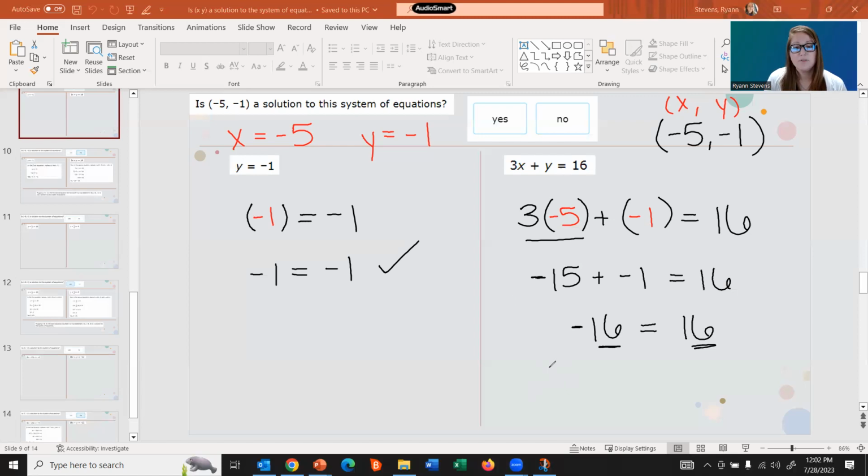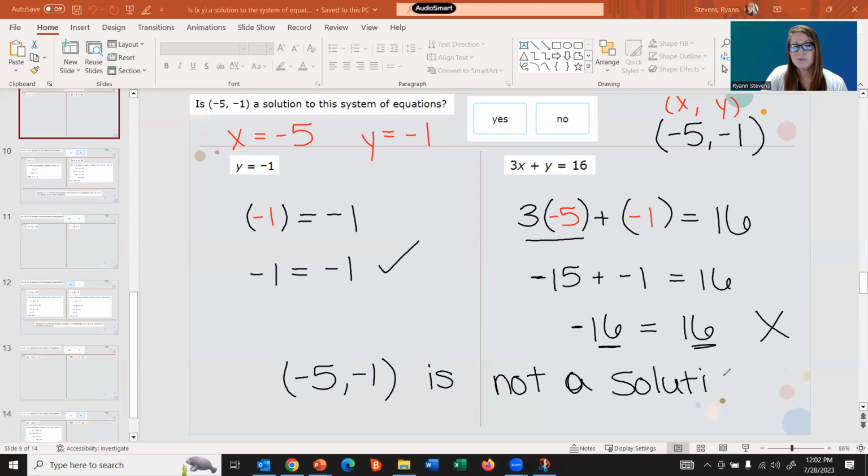If you think about a number line, -16 is going to be further to the left and +16 is going to be to the right of 0. So these are actually not the same numbers. If the signs are different, you've got a negative and a positive, they're not the same numbers. So in this case, this is not a true statement, which means (-5, -1) is not a solution to this system of equations.